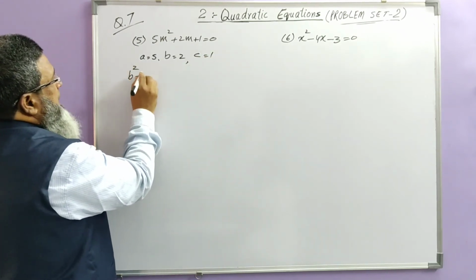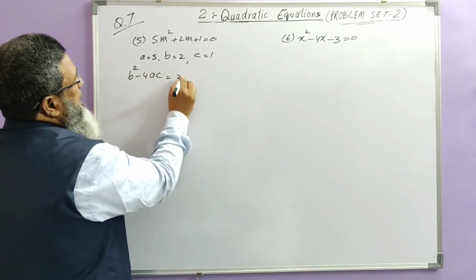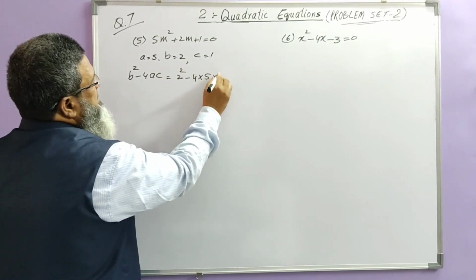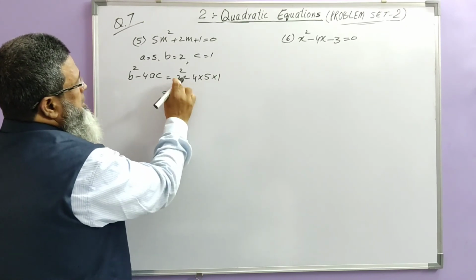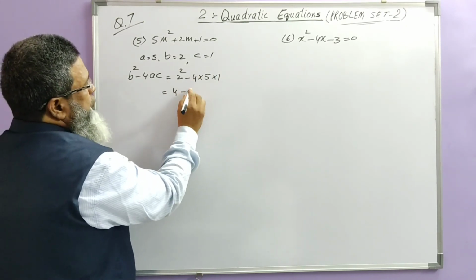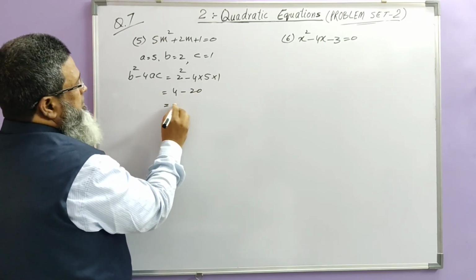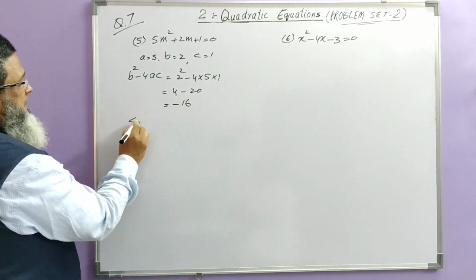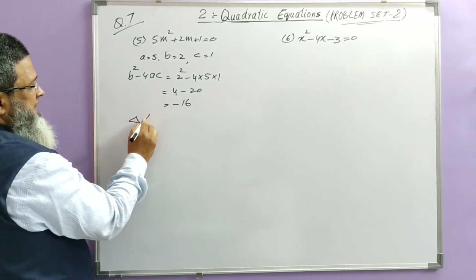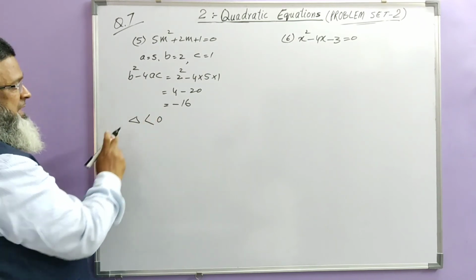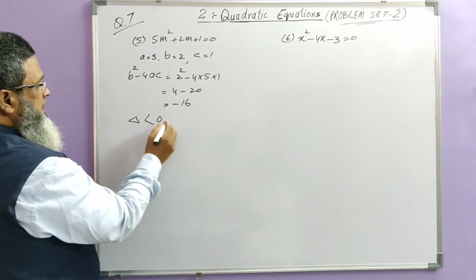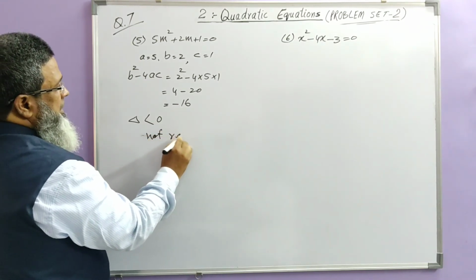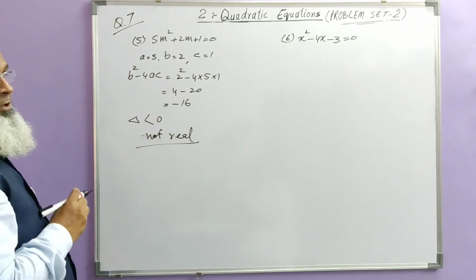What is b square minus 4ac? b square is 2 square minus 4 into a into c. 2 square is 4 minus 5 fours are 20 and this will be minus 16. But you have got minus 16 means delta is less than 0. Delta is less than 0, so the answer is not real. You can't get a real answer.